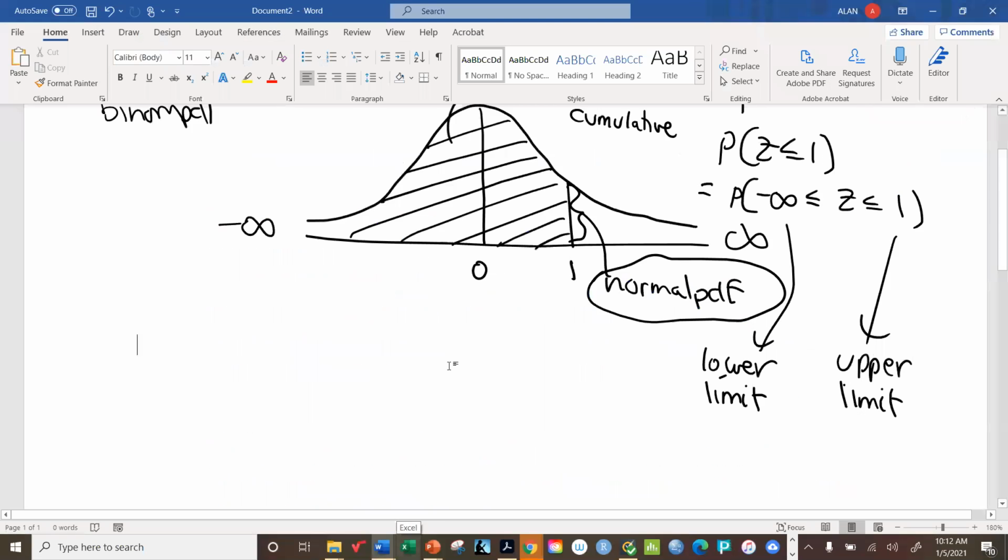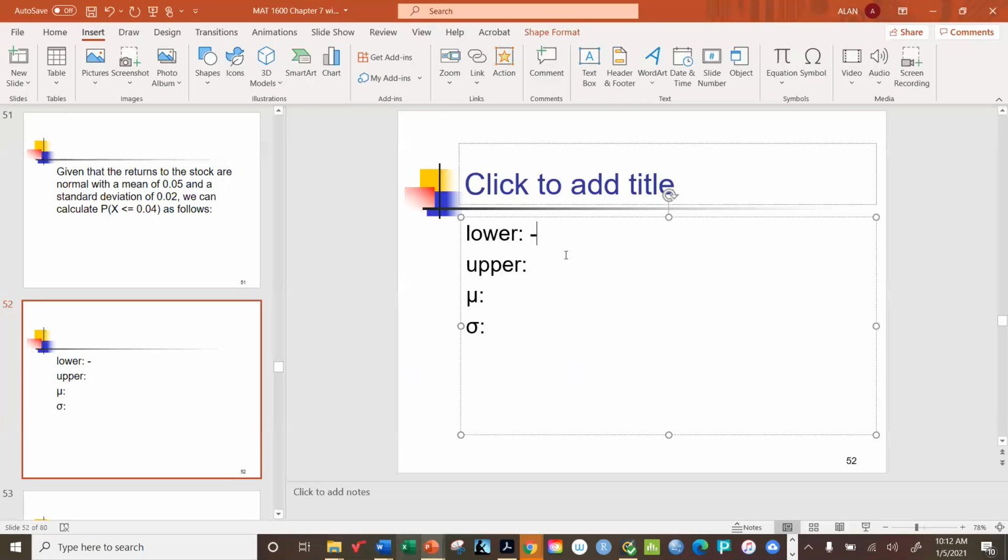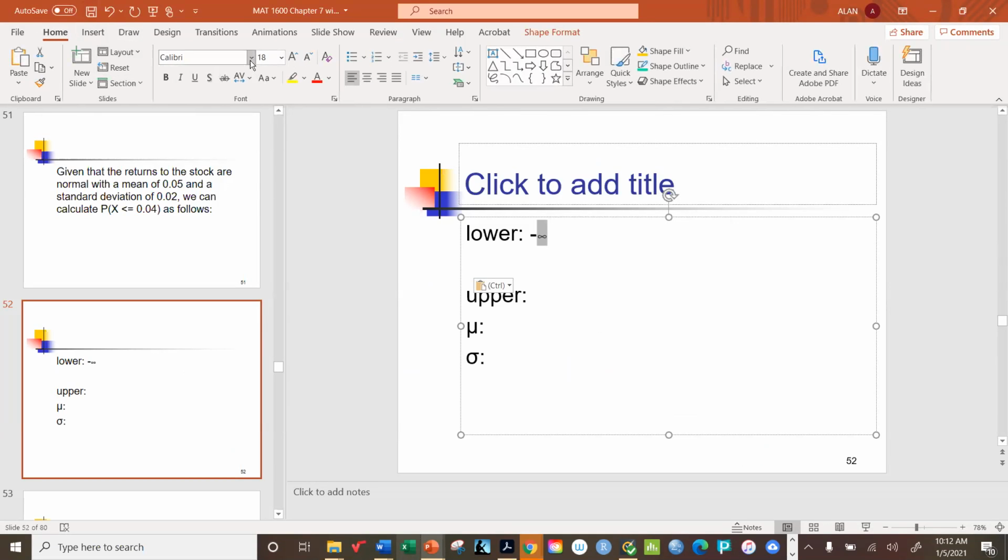So the code is 221E. If I hit Alt-X, voila, there's my symbol. Okay, great. Oh, it's so tiny. Hold on a second. No, it doesn't want to get any bigger. What is that? Oh, no, there it goes.